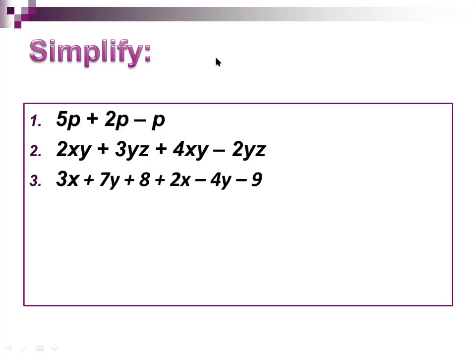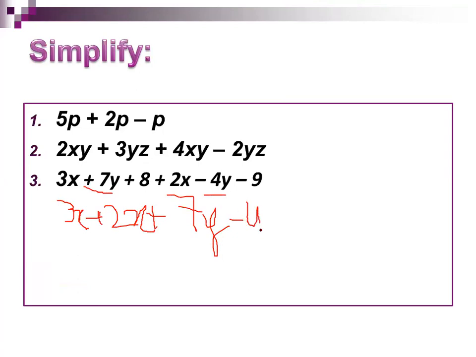Okay, that's good. I am going to show you: you will write first 3x, then plus 2x. Then 7y, minus 4y. Then plus 8 and minus 9.